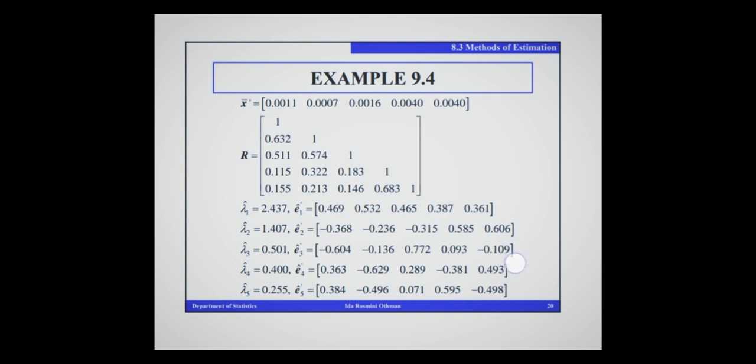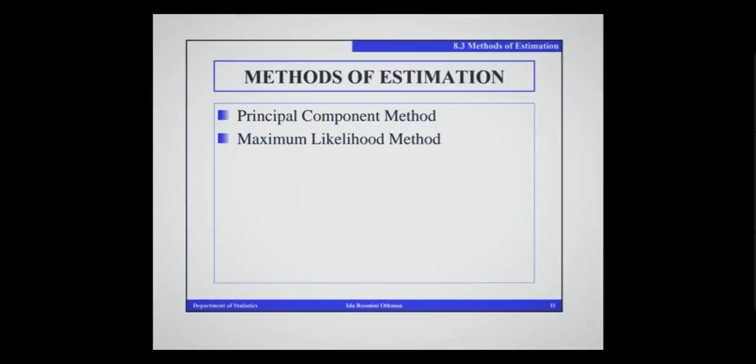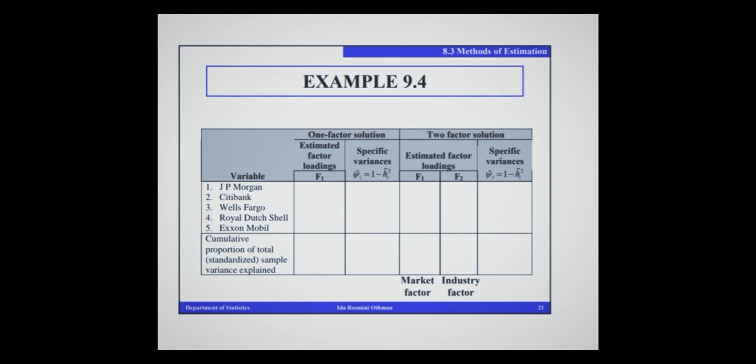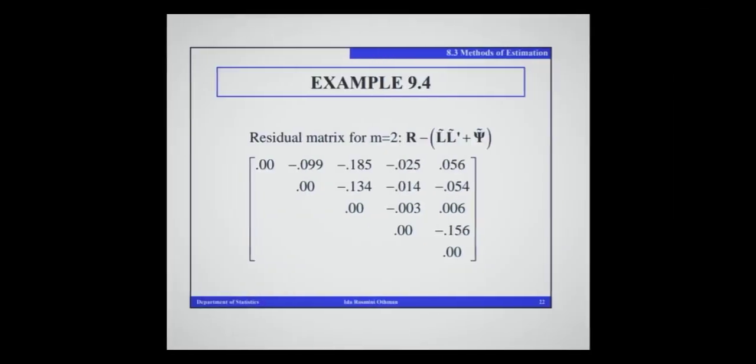Cuma sekarang ni kita nak tahu whether these two factors yang kita ada tadi tu a good fit to the data or not. So kita kena estimate all the factor loading dan estimate all the variance. Kat sini specific variance. Last sekali untuk kita nak cari residual matrix.